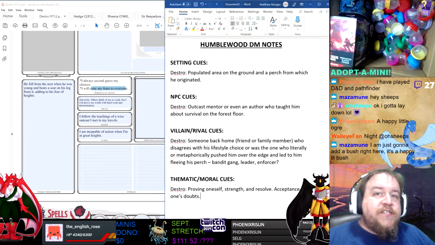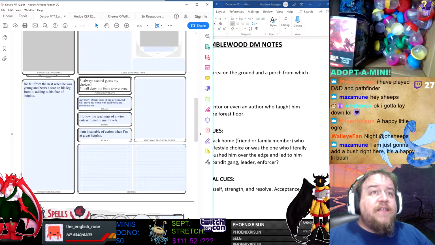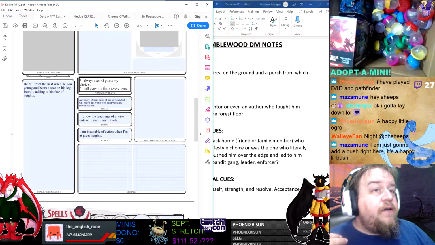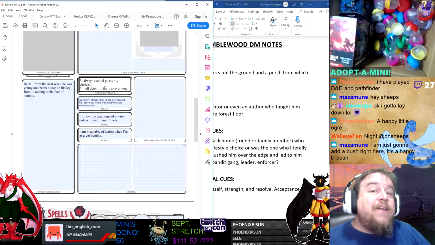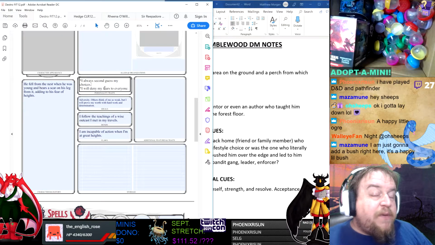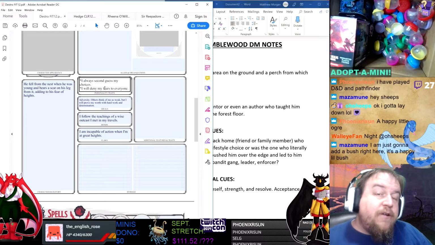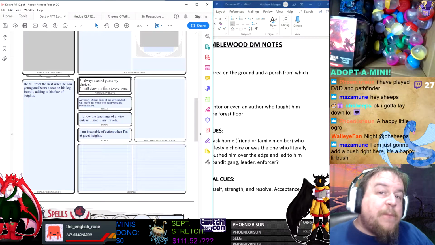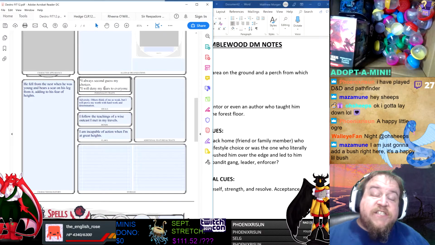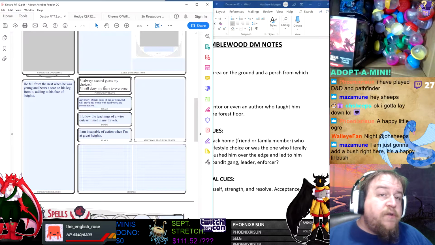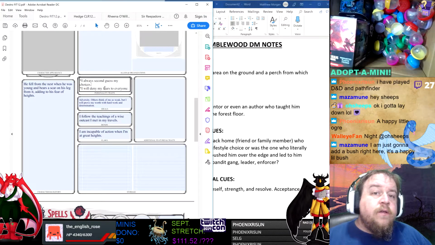So from Destro, these are our thematic or moral cues. And all of this, look, as a dungeon master, we're lazy. We're just taking information that was given to us by one of our players, and our player is the one who did this work and feels absolutely excited about it. Because in the scenario, this character was submitted to play, to have fun, to watch this crow character, this Corvum, which is one of the bird races in the Humblewood campaign setting.